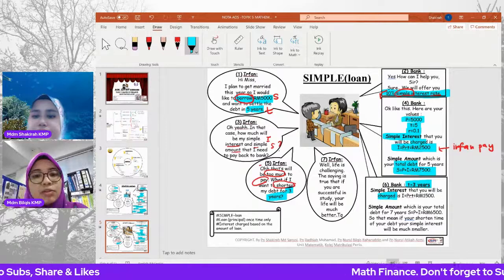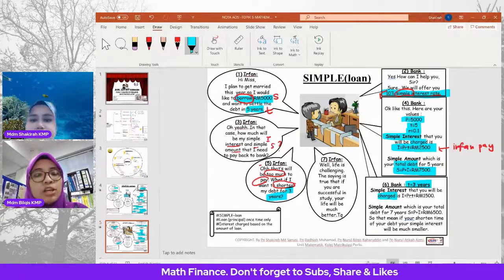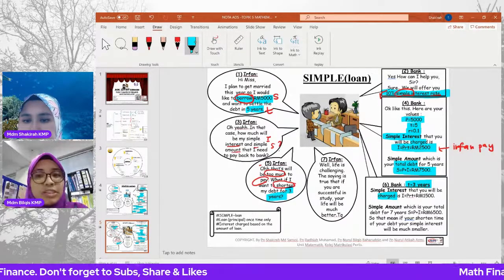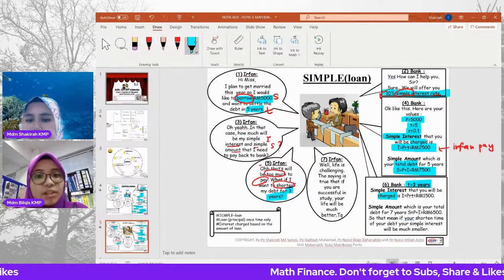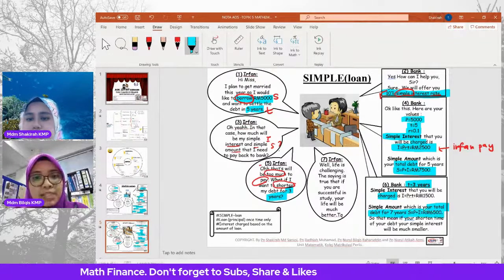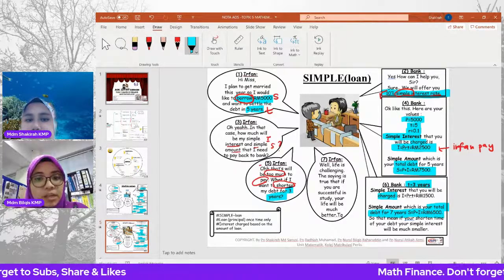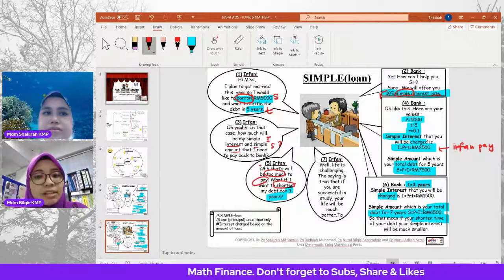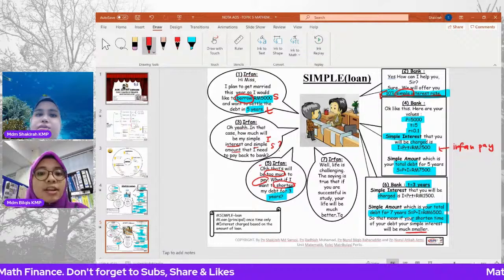Okay. So when I equals to PRT, then you times with all the values and you will get 1,500 ringgit. So that will be your simple interest for 3 years. And then for simple amount, which is your total debt for 3 years, S equals to P plus I is 6,500 ringgit. So that means if you shorten your time of debt, your simple interest will be much smaller. So it is good for you to shorten your debt.